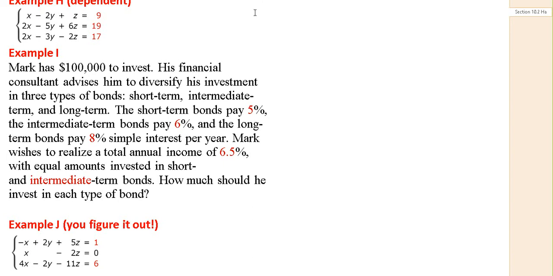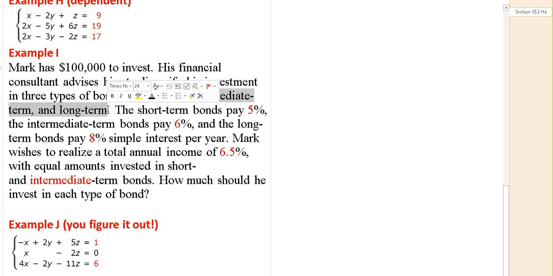So this talks about short-term, long-term, and intermediate-term bonds. So you can start out by giving these variable names. I don't know if you want to use S, I, and L, if you want to use A, B, and C, or X, Y, and Z. It doesn't really matter, just as long as you know what's what.